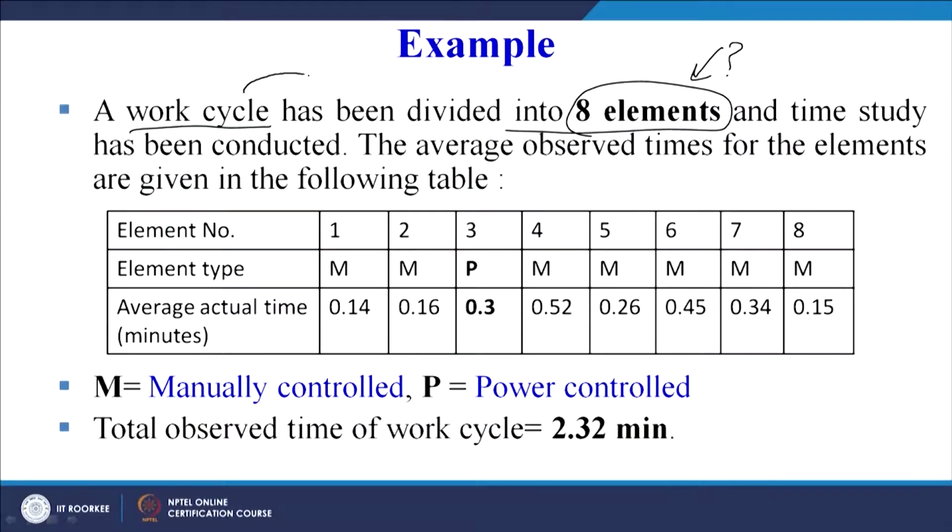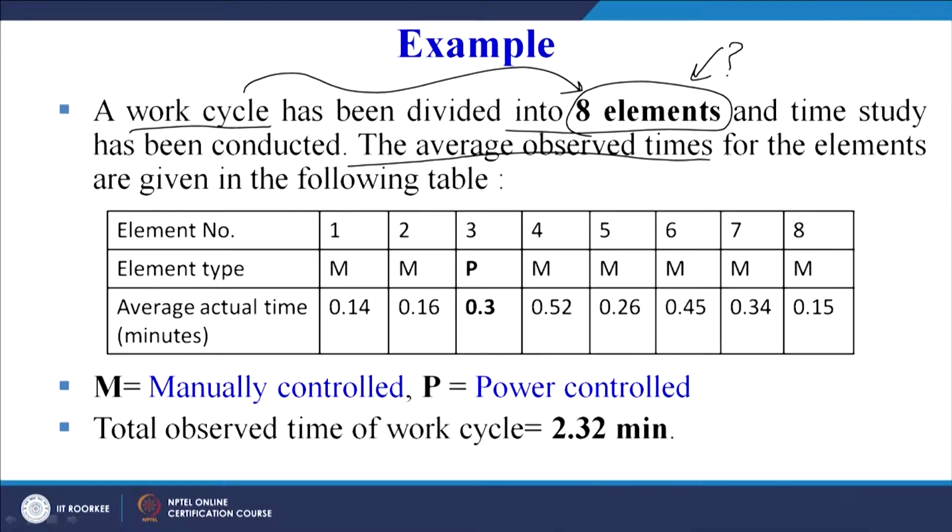So this total work cycle is divided into 8 elements, and the time study has been conducted. So we have directly measured the time for all these 8 elements. The average observed times, the average values of a number of readings for the elements, are given in the following table. The elements are named 1, 2, 3, 4, 5, 6, 7 and 8.